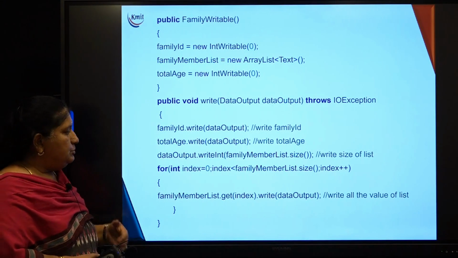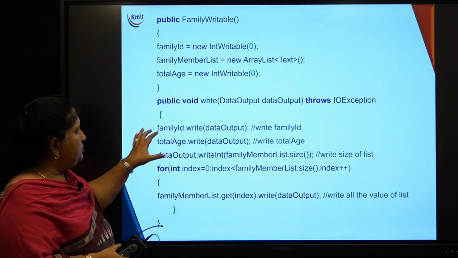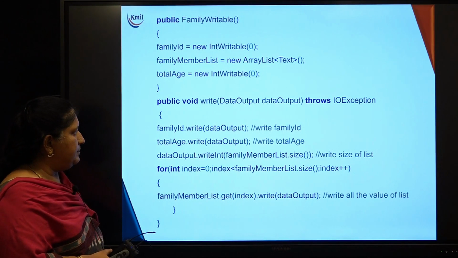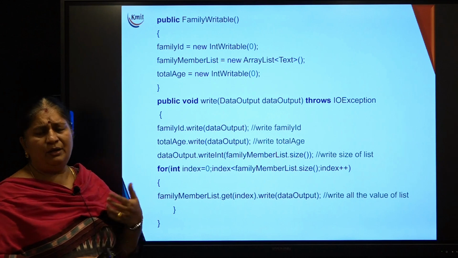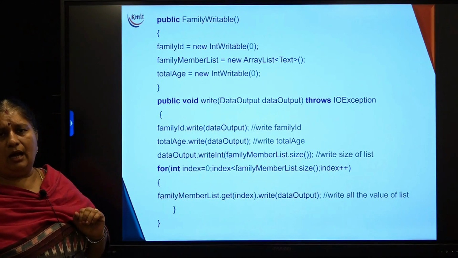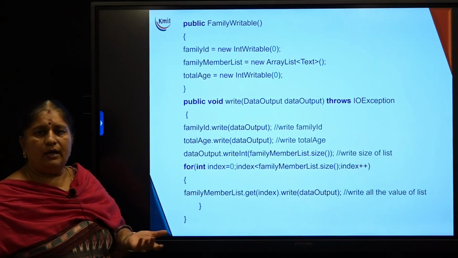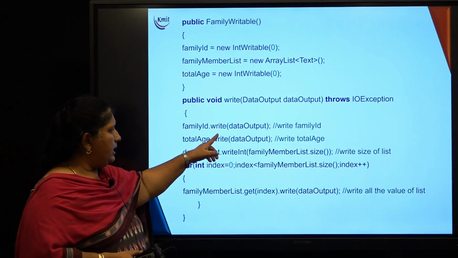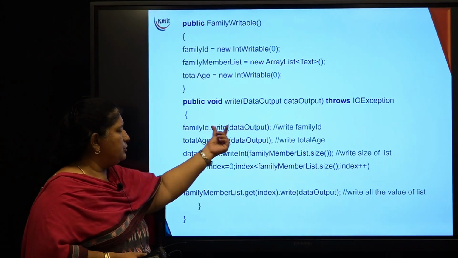Then we need to write many methods. Try to see this one. We are writing the write method, which is likely to throw an IOException. Why are we throwing an IOException? When I don't have any data, when I am unable to access the output device, or I am unable to access a file to write, we are likely to throw an IOException. So, familyID.write(dataOutput), wherever you are trying to write onto.